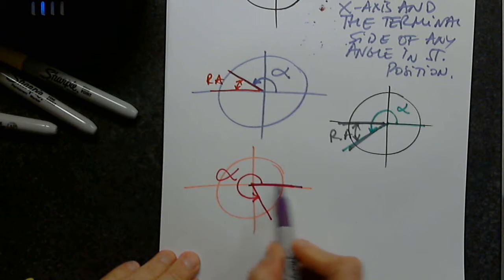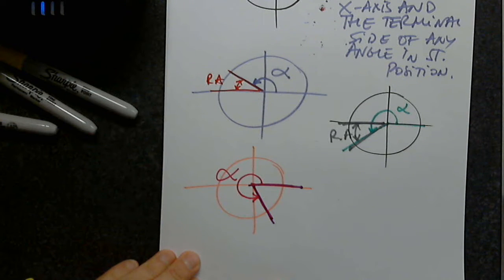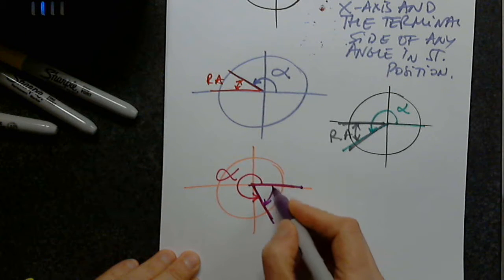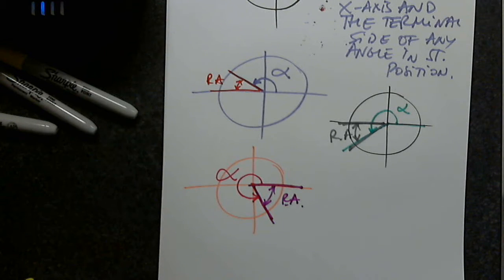The acute angle between the x-axis and the terminal side. This is the reference angle. No matter what, the reference angle will always be a positive angle, even if the angle itself is going around the circle in a different direction, counterclockwise. The reference angle is always a positive angle.